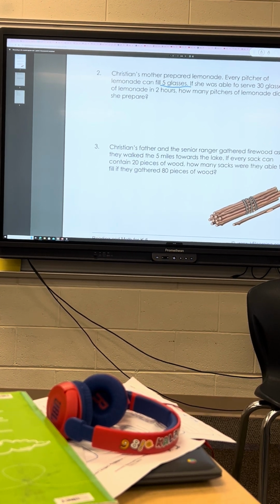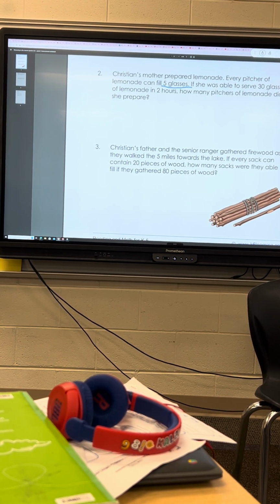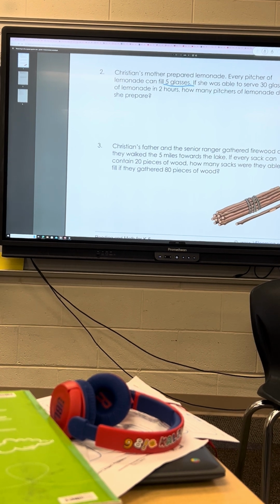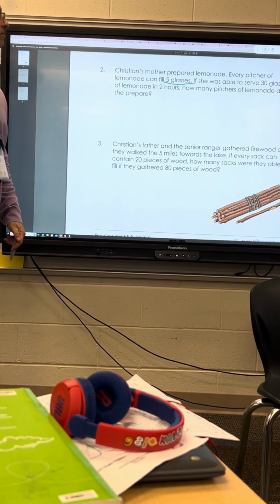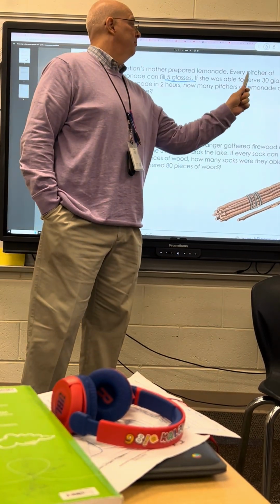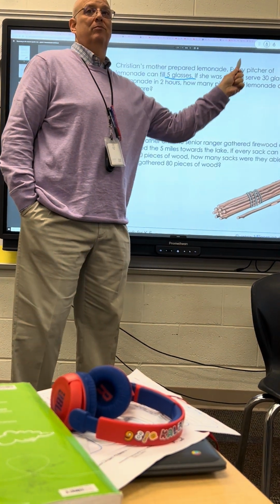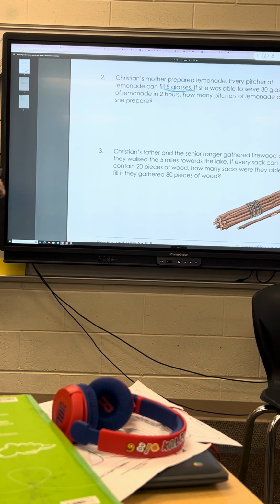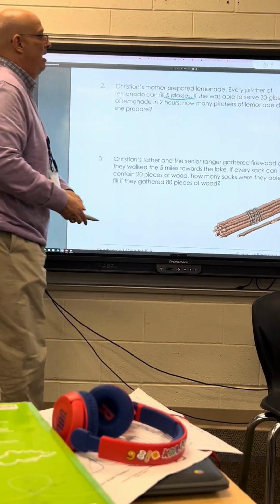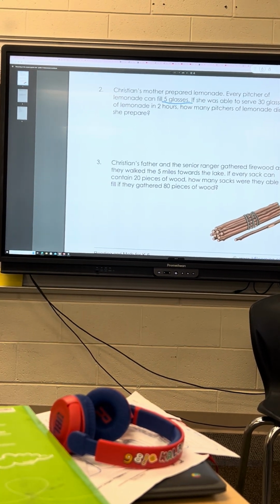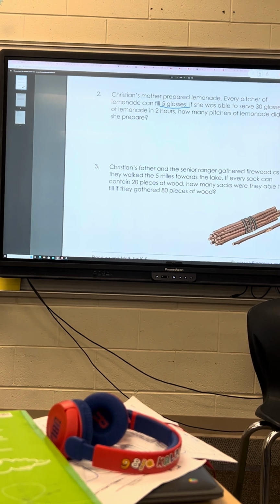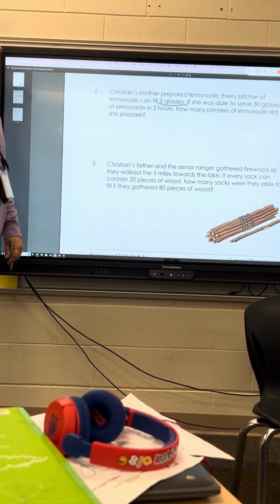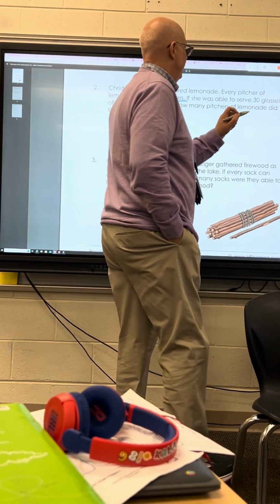Y'all said it was important. Kyrie. Glasses. Every pitcher, 5 glasses. Oh, I see, glasses again.